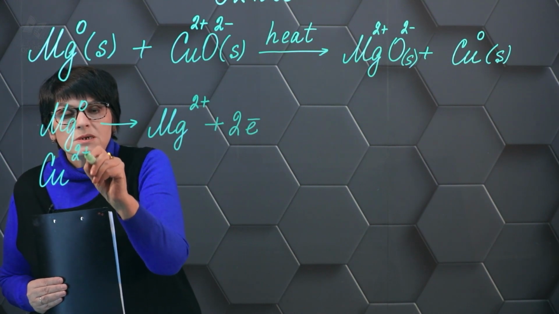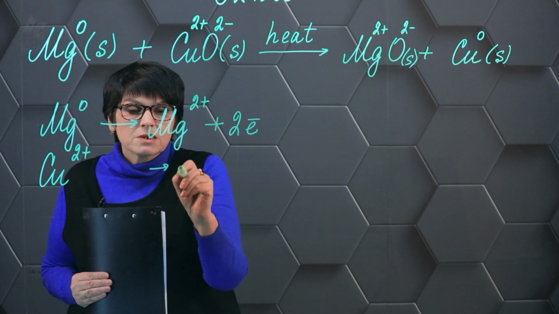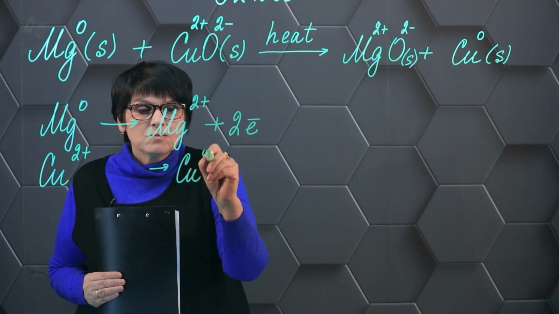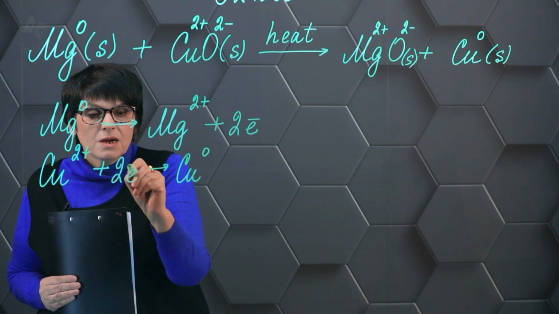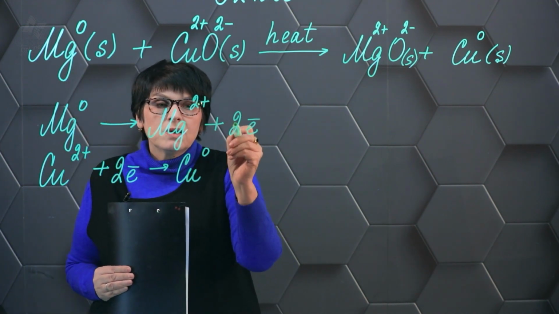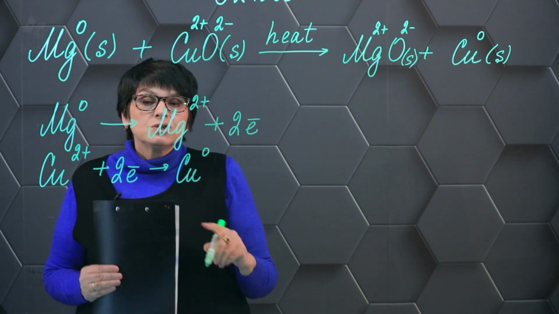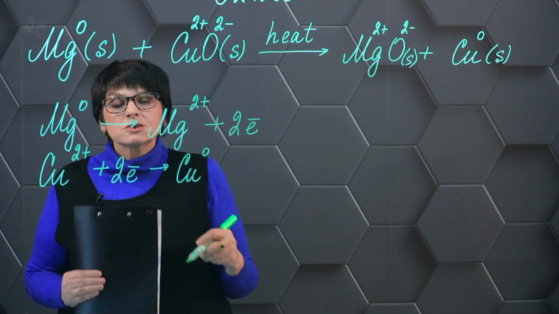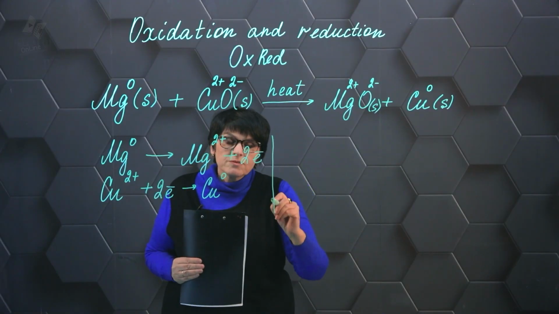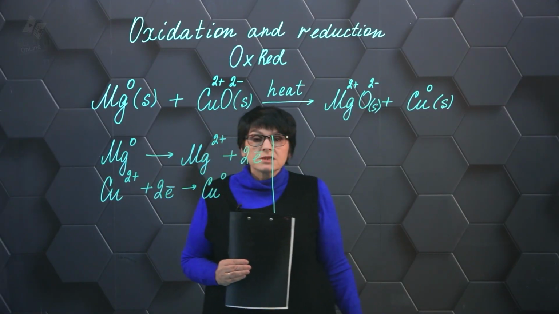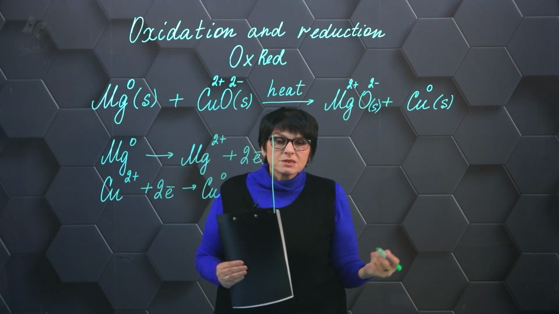Next, what is the copper at this time? Copper will go from oxidation degree 2 plus to oxidation degree 0. And then the copper will accept 2 electrons. So magnesium will give up 2 and copper will take up 2. In these processes, it cannot be the case that both elements are giving up electrons or both elements are accepting them. In a redox process, it is customary to conclude with a specific record, placing the found electrons behind a vertical line.